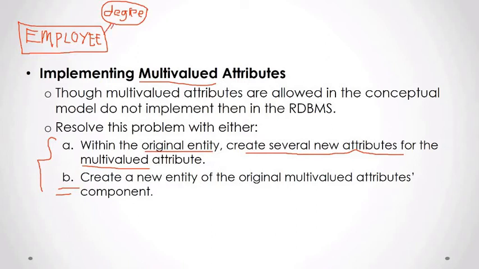So it's connected like that. Okay, so rather than showing it or presenting it as a multi-valued attribute, it would be better to resolve it at an early time. So you resolve it while you're still on your ERD. So to resolve the problem using option letter A, then this will become like this.